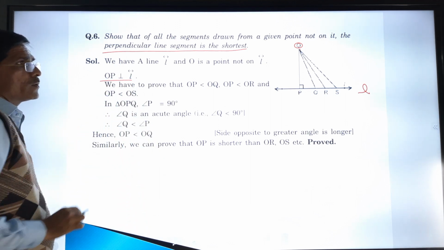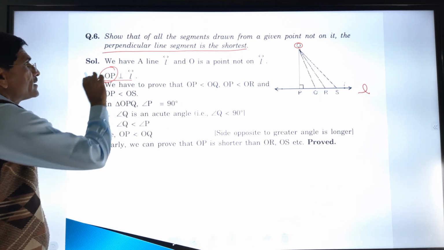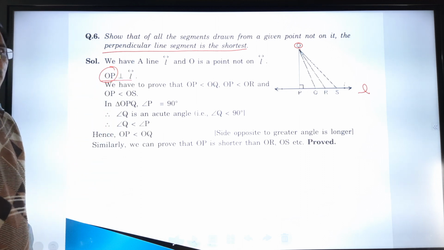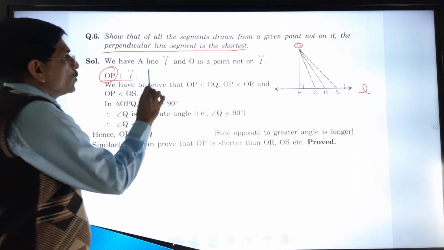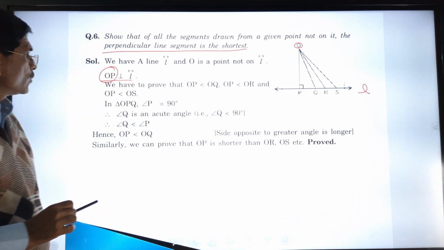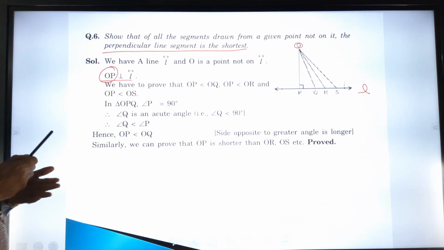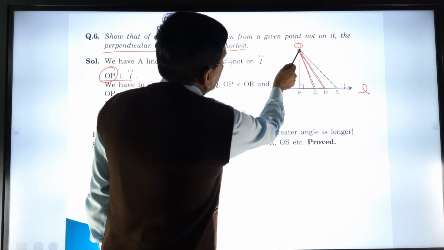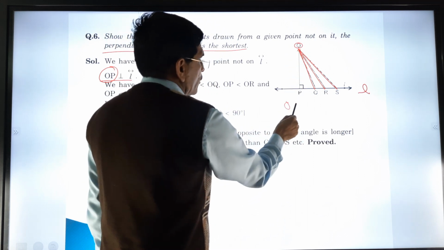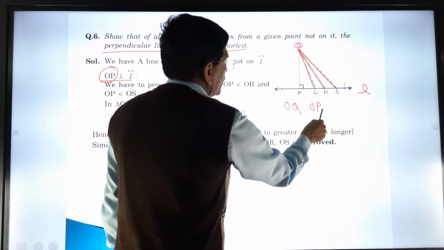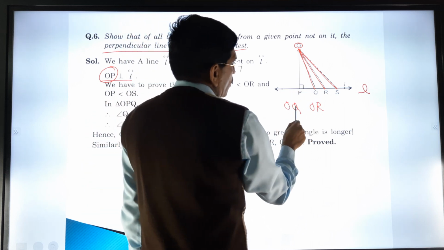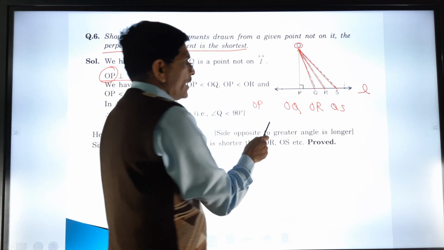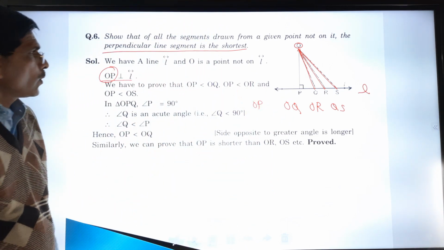We have to prove that OP is the shortest distance of all the others, that is OQ, OR and OS. OP is the smallest of OQ, OR and OS.